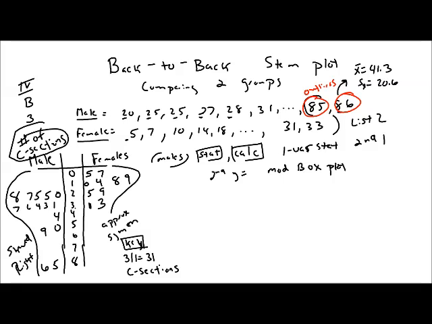Okay. Now, let's repeat this process for females. So I'm putting that into list 2, and I'm going to do stat, calculate, 1-Var Stats, second 2 for this one. And when I do that, I get, okay, x-bar is 19.1, and standard deviation is 10.1.